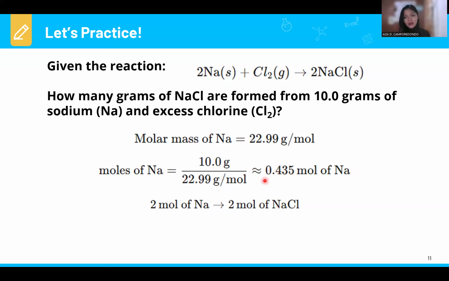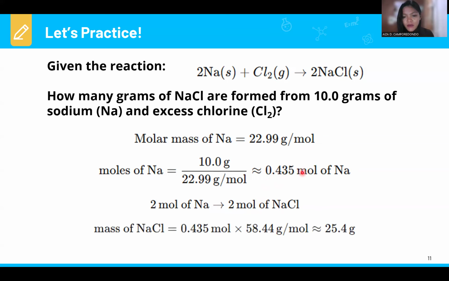So yes, we're going to use 0.435 moles of sodium chloride, because the ratio is the same.